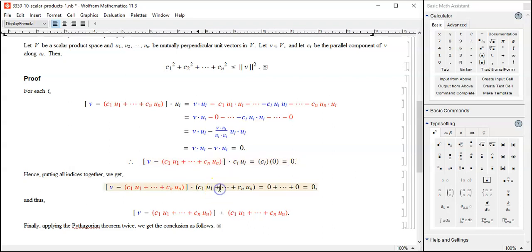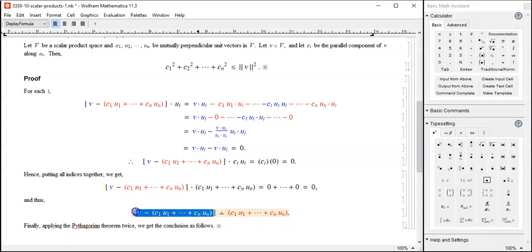Next term, c2 u2 dot product of this. That should be 0. We just saw that. Repeated, and here's the last term. cn un dot product of this. That too is 0. We saw it for each i. Consequently, this is nothing more than a bunch of zeros added together. So it's 0, and the conclusion follows.